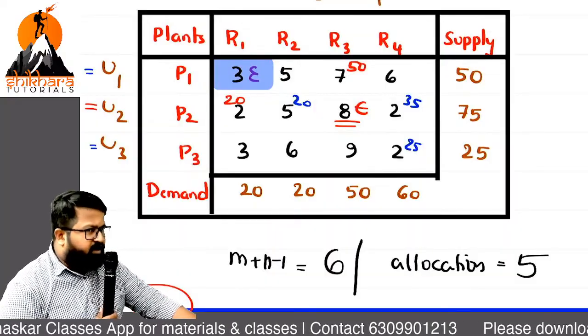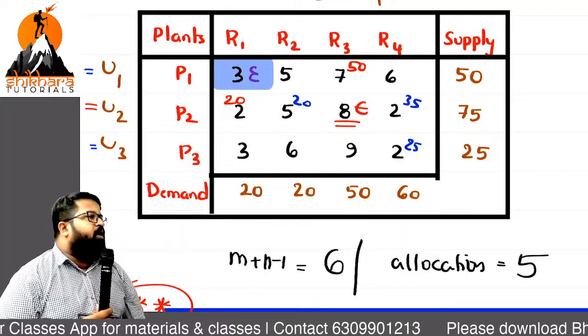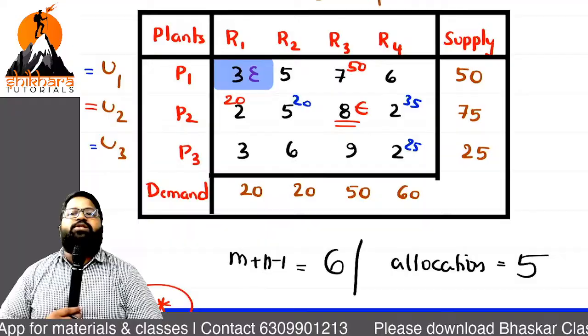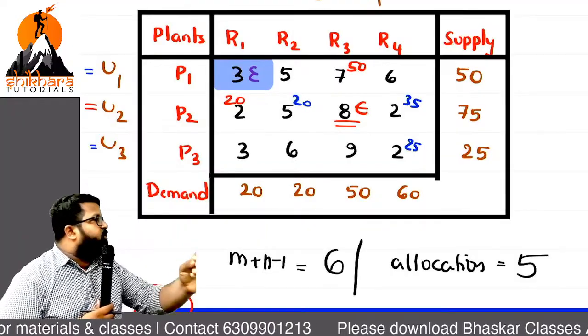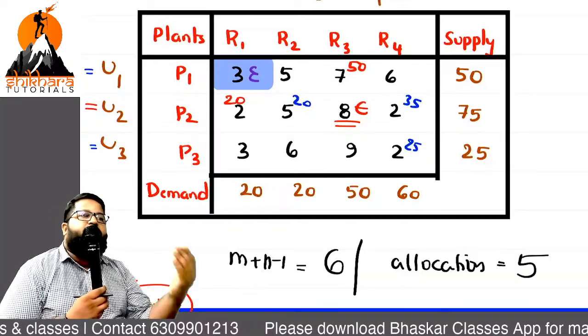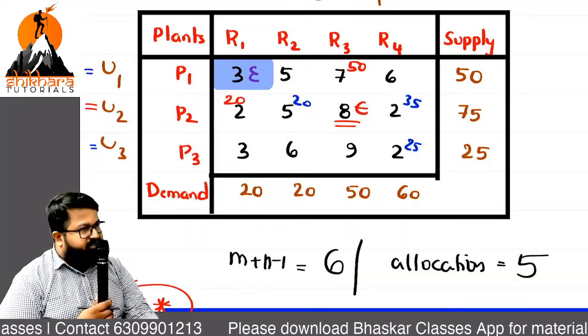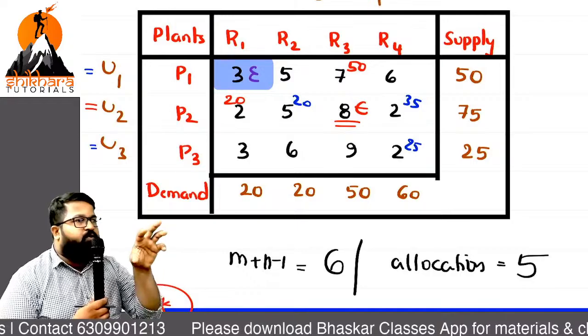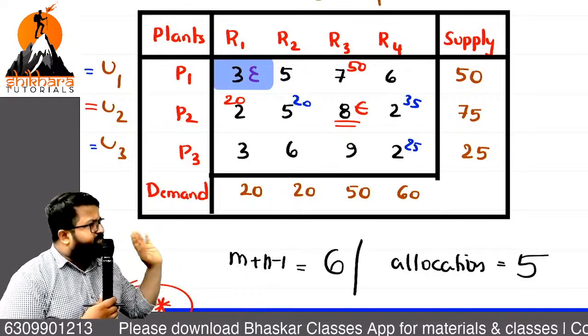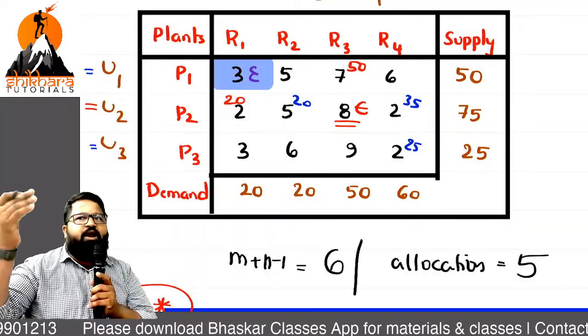So listen carefully. Sir, what are we doing? Basically the rule is not satisfied, that is m plus n minus 1 is equal to the number of allocations. It is not satisfied at all. Because of that, we need to make what type of allocation? Artificial allocation. And for that we give some units. What are those units? E. The value of E is 0. So for which number do I have to make it?